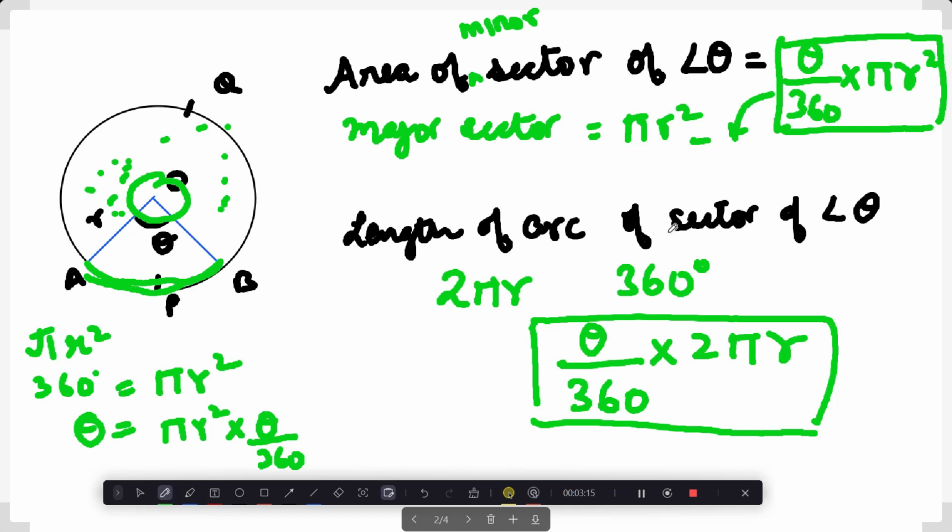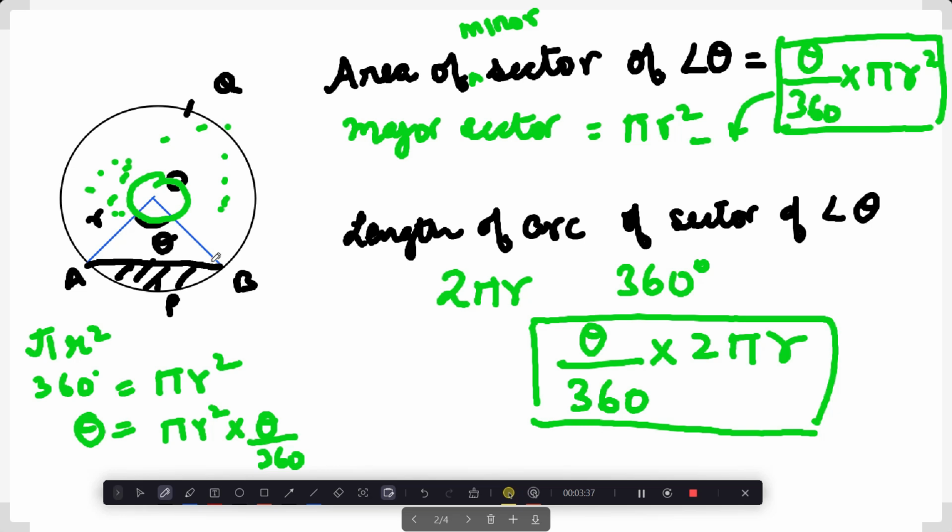Now let us see the area of this segment, right? This is a segment. We want to find out its area. We know the area of the sector, which is this entire thing.